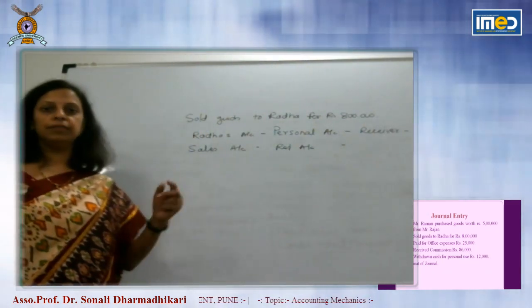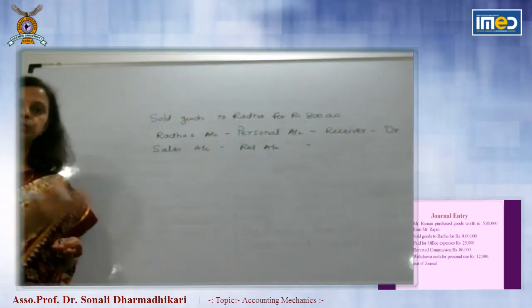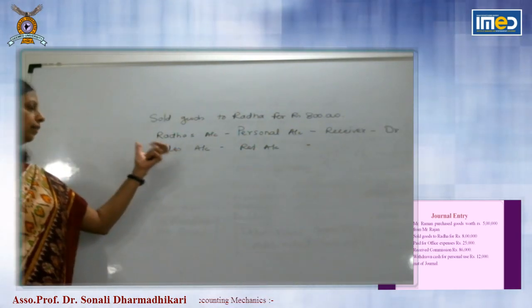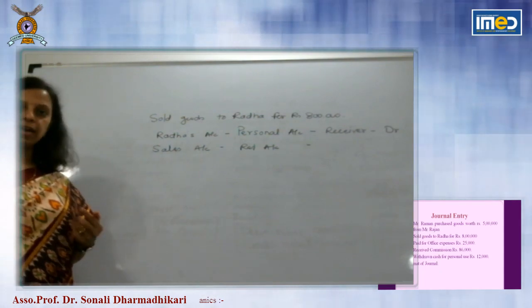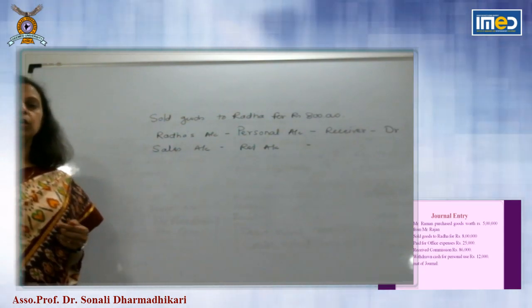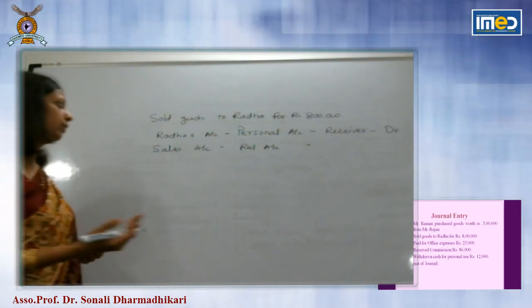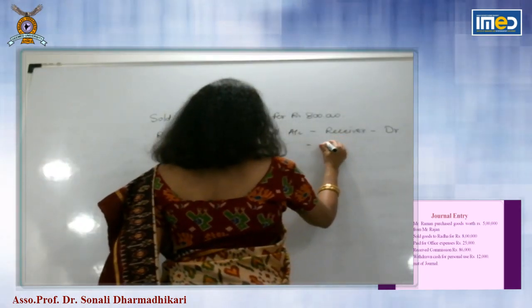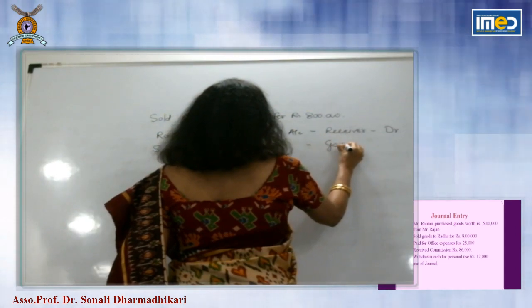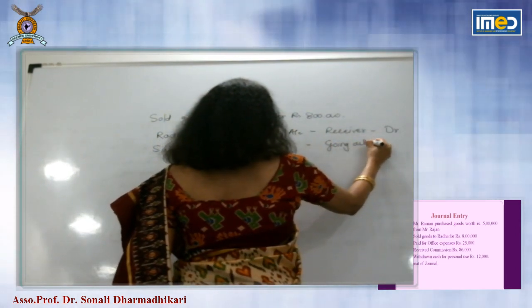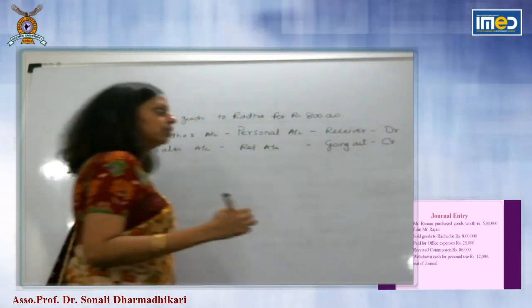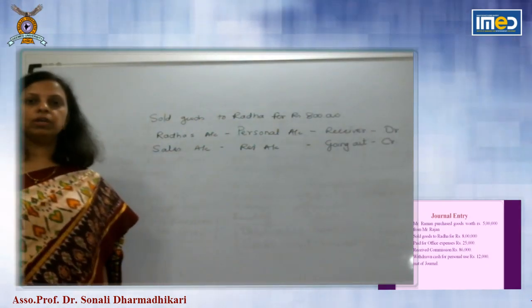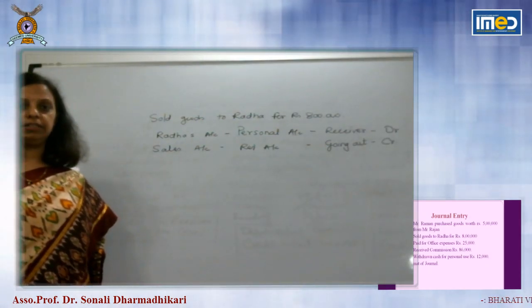Business has sold goods to Radha. Then sales account, actually it is a goods account. Goods are going out of business. The rule is debit what comes in, credit what goes out. Goods are going out. So goods account or sales account will be credited.